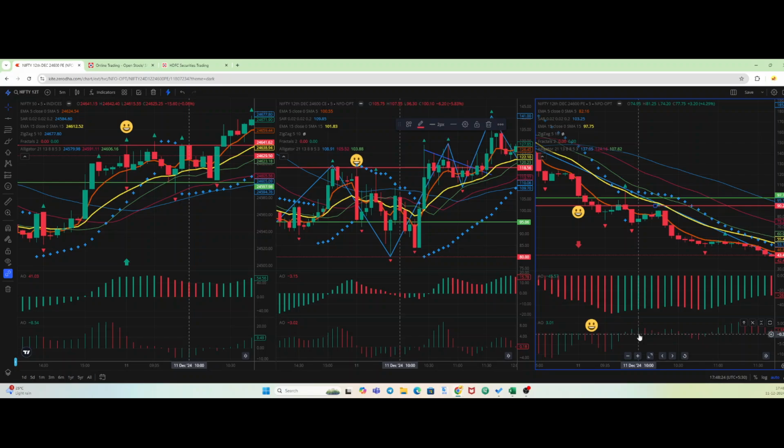Otherwise, when the accelerator indicator is crossing the zero line, this bar may go further to any high. So by putting the trailing stop loss, we saved and booked around 7 points. Here we'll note down that we have booked 7 points.